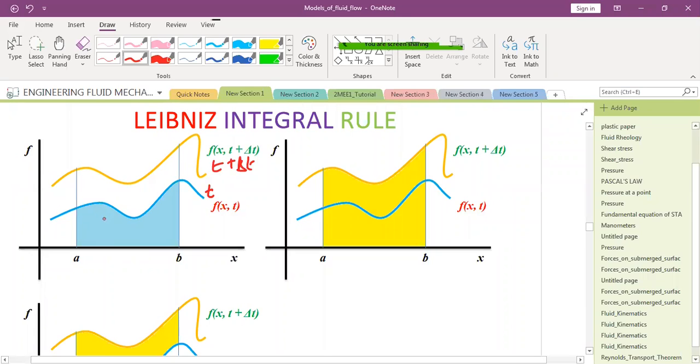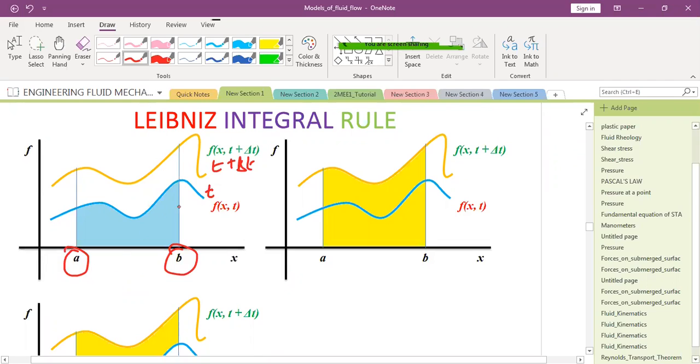But what is not changing? The limits are not changing. This is the function that you are analyzing, and the limits are from a to b. After time t plus delta t, you are analyzing the same function, which has now changed to some other value, but the limits are still the same. Are you clear?